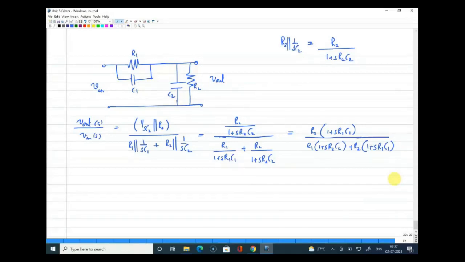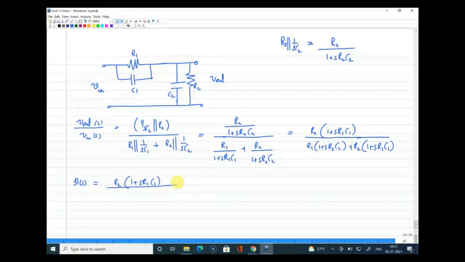So this could be rearranged in a better form. So let me try to rearrange it. H of s can be written as numerator, I'll leave it as it is. Let me write it as R2. So it is R2 into 1 plus SR1C1 divided by the denominator.